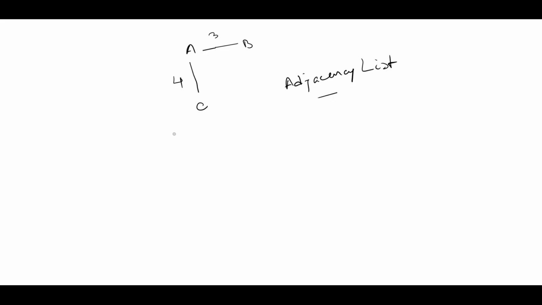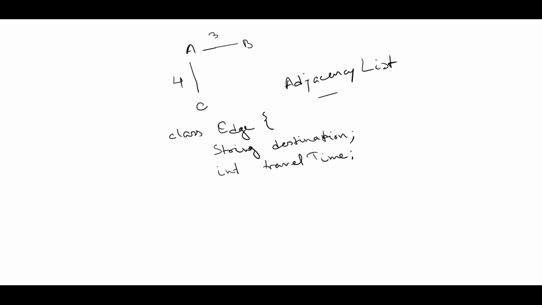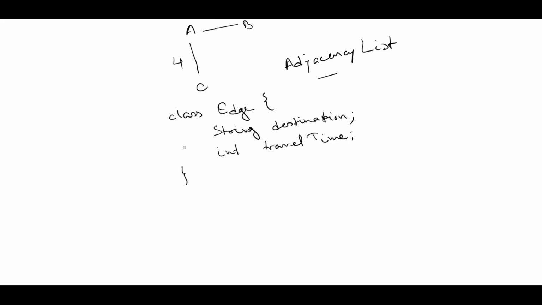To keep this edge information, we will create a class Edge, and this class will have two attributes. One is the destination. Second is the weight of that edge, or in our case, the travel time of the edge. Now every road connects one intersection to another, and every road stores its estimated travel time.